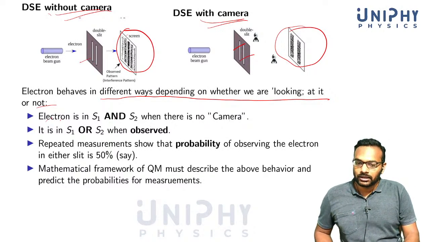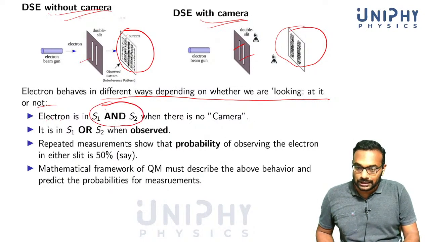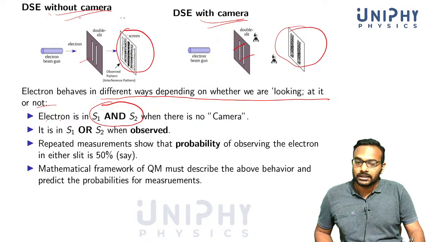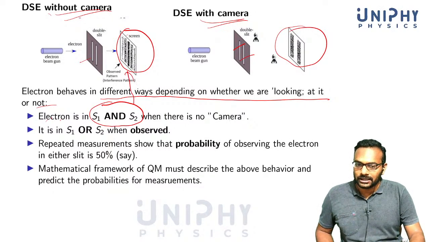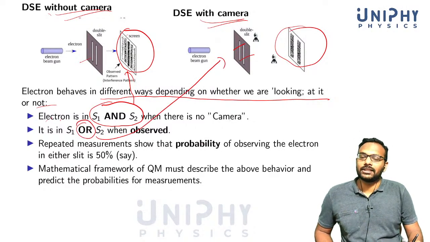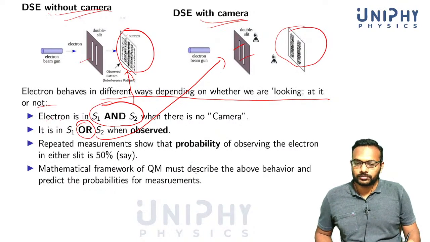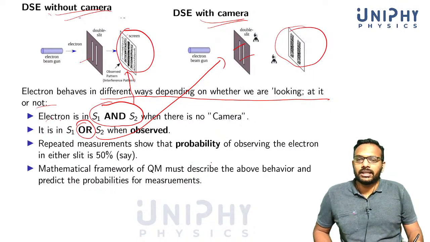So our conclusion is this: the electron has to be in slit 1 and slit 2, every single electron, when there is no camera, because that's how we explain the interference pattern. But it's in slit 1 or slit 2 when observed. When you observe, it's either in slit 1 or slit 2. Now let's make a number of measurements.